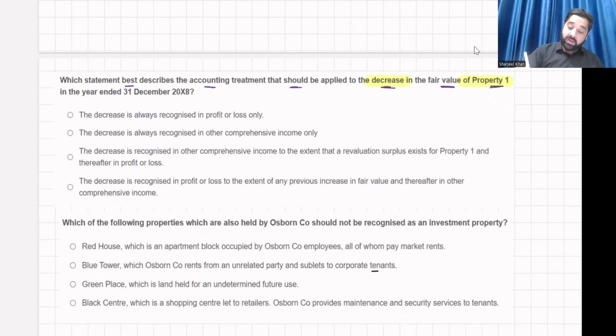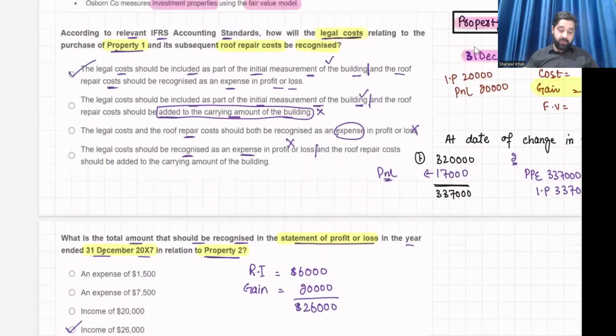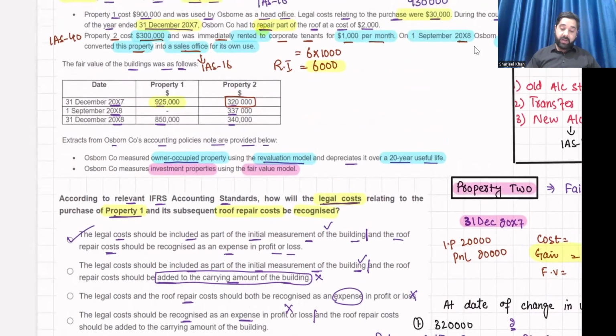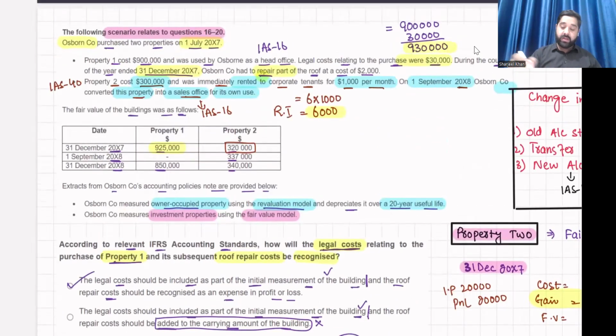Remember, the property 1 was an owner-occupied property, and Osborn Company has to apply the rules of IAS 16 in the year ended 31st December 20X8, not X7, 20X8. Now, if you remember, the fair value at the year end was 925,000. The purchase price was 930,000. So if you find the carrying value at the year end, it should be cost minus accumulated depreciation.